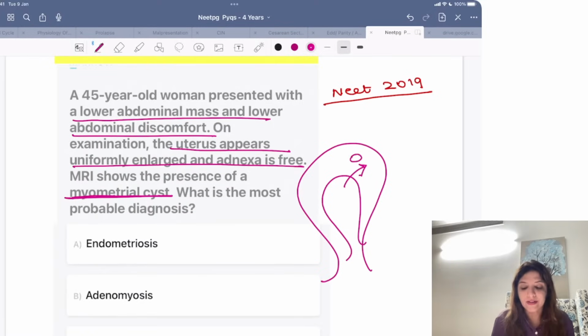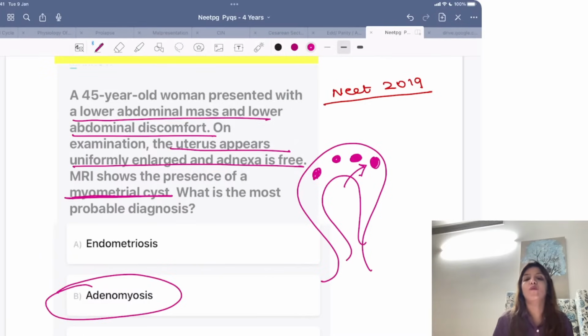So endometrial glands will now be present in myometrium, and at the time of menstruation, these glands, which are hormonally active, are going to produce blood, right? And that is why this blood is going to appear in the form of a cyst. These glands with fluid and blood are going to appear in the form of cyst. So myometrial cyst you are going to get in case of adenomyosis. Is that clear to all of you?